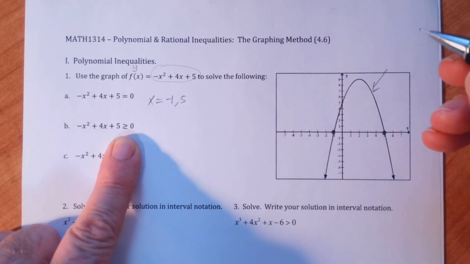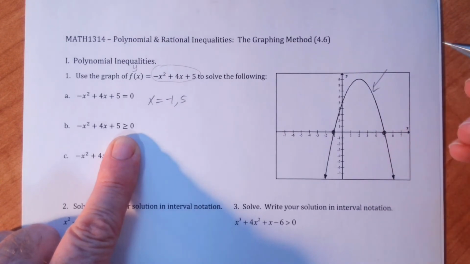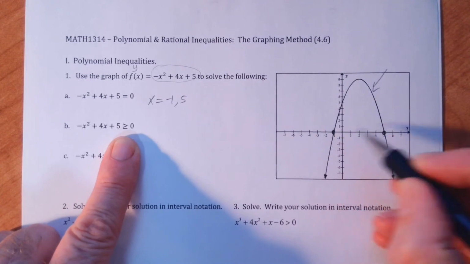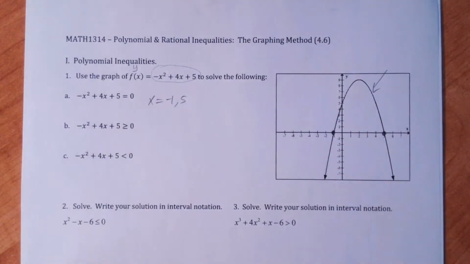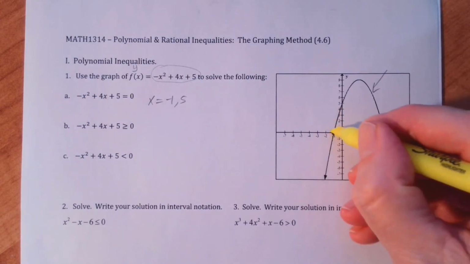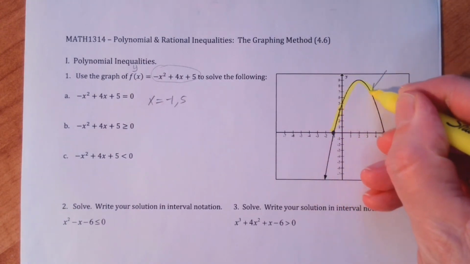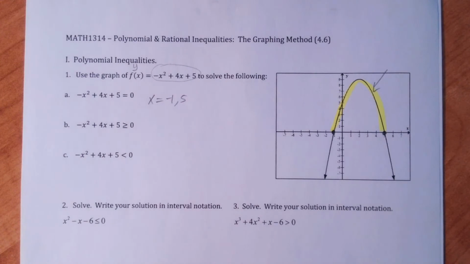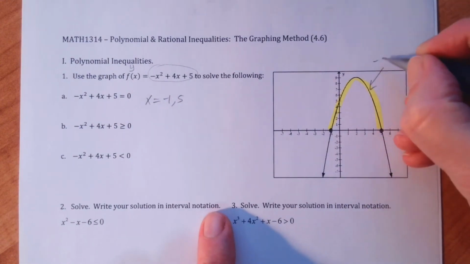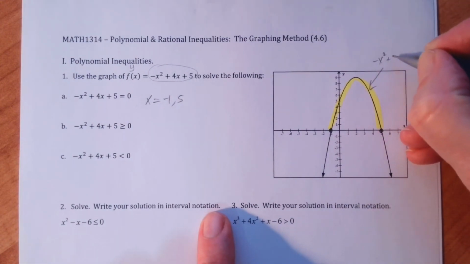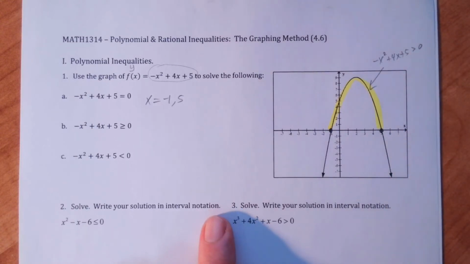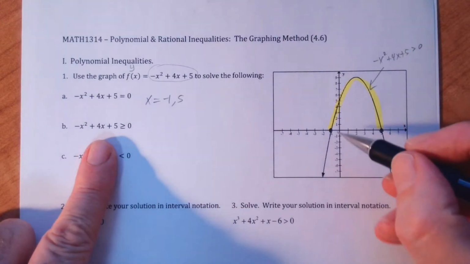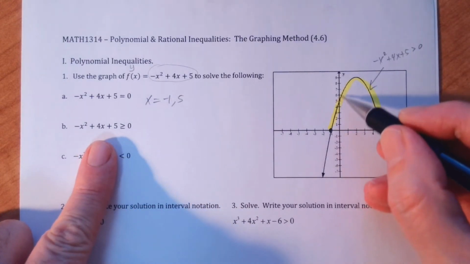Or, I'm sorry, greater than, actually it says greater or equal to 0, so we'll actually include these points as well. But up above here, I'm going to go ahead and shade this. This is where minus x squared plus 4x plus 5 is greater than 0, the part that I shaded in yellow here. So what are the x values for these points?